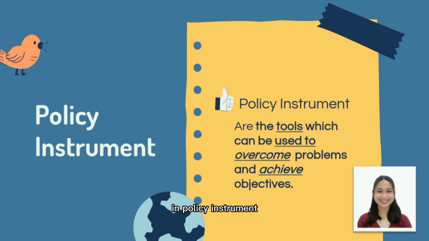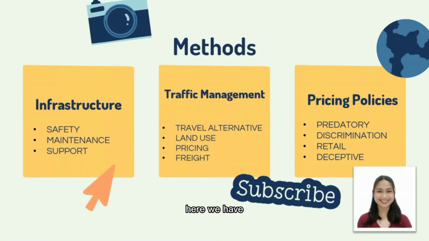In policy instrument, these are methods and instruments that are used to address the problem and achieve the goals. On the next slide, we have examples of methods used in addressing a public problem.